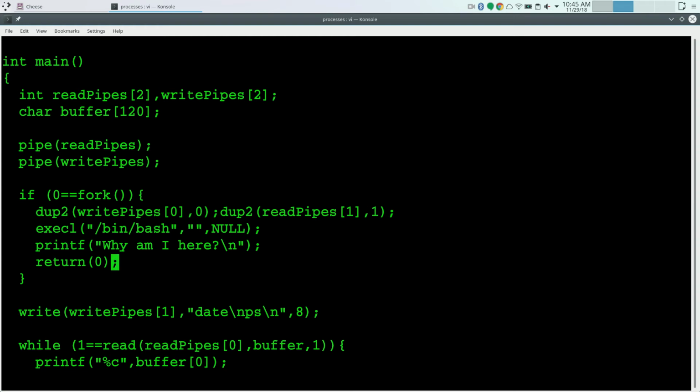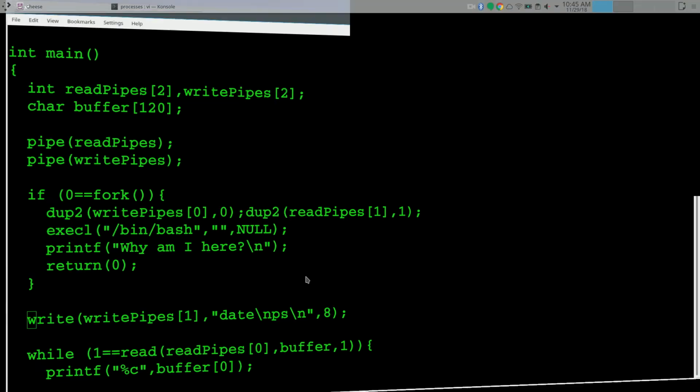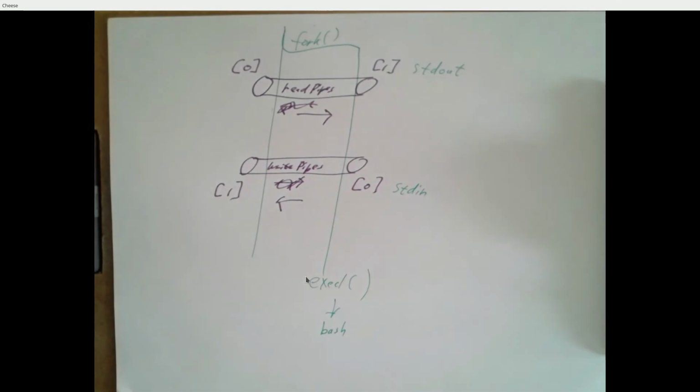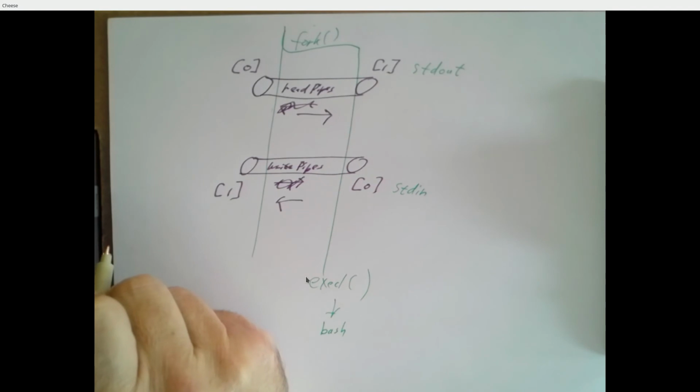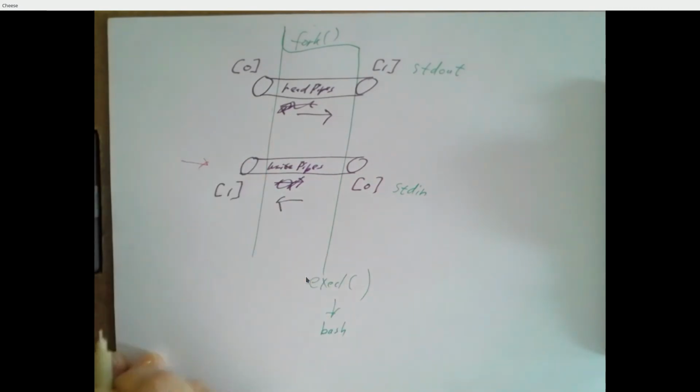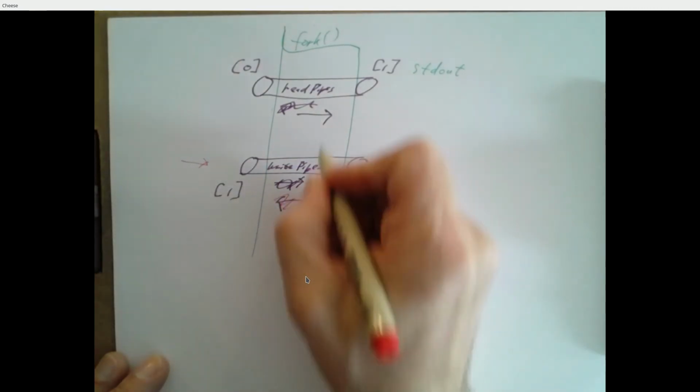So this write statement will only happen in the original parent process, and it's going to write the following into write pipes bracket 1, which is right here. Oh, I did have my arrows in the correct direction.